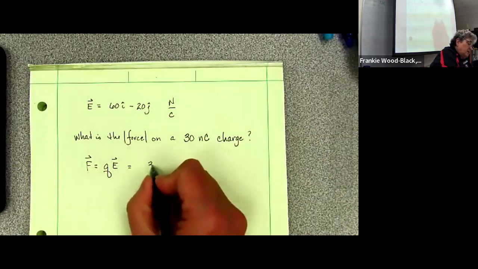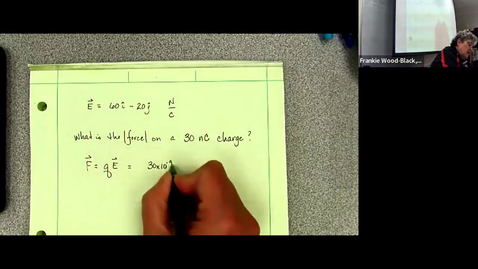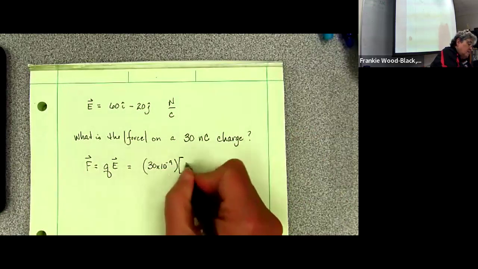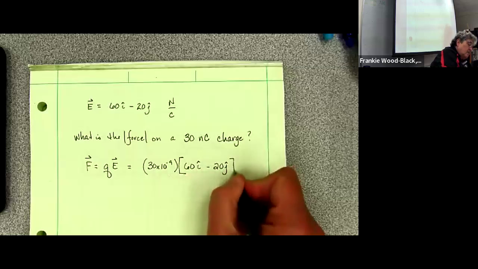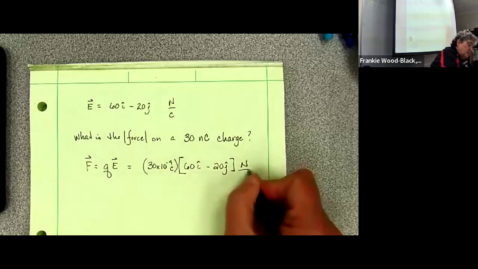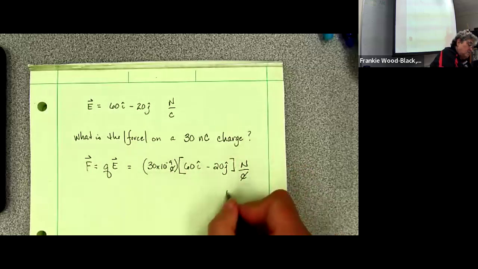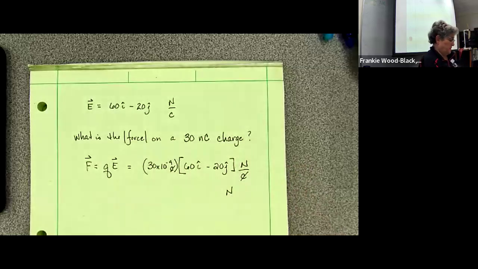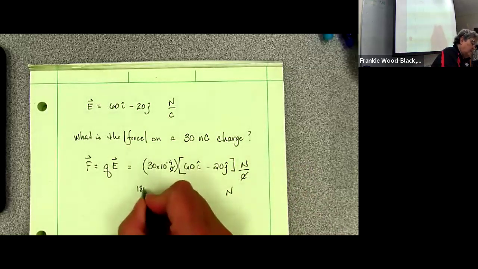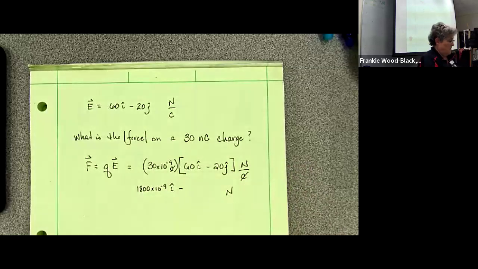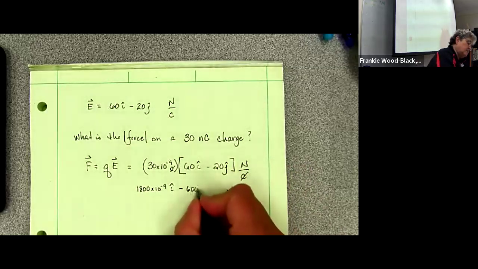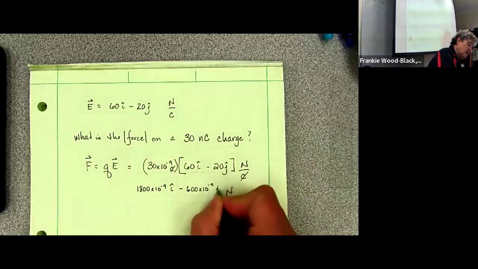So all that's going to be is 30 times 10 to the minus 9 times 60 i minus 20 j. That's in coulombs, and I'm in nanocoulombs. My coulombs cancel out, so my unit analysis helps me out. I'm going to have 1800 times 10 to the minus 9 i, and I'm going to have 600 times 10 to the minus 9 j.